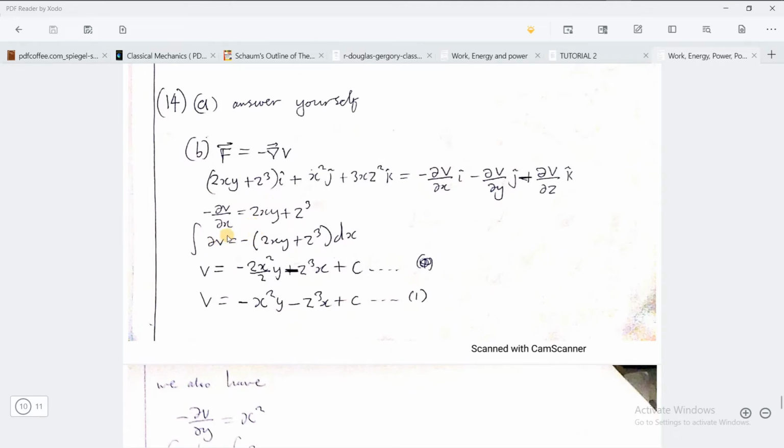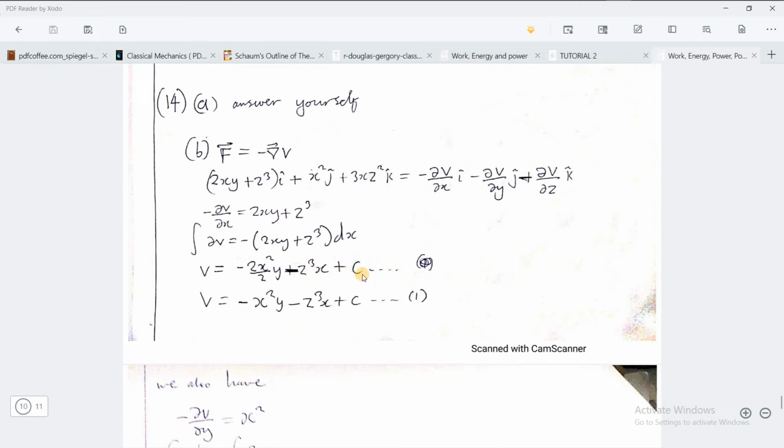Since you just want V, you multiply this partial x by this to get this, then you integrate throughout. Here there was a missing integral sign; there should be an integral sign there. When you integrate this, you just get V. This integral vanishes with this partial sign, and we get V equals minus 2x squared over 2y minus z cubed x plus a constant c.